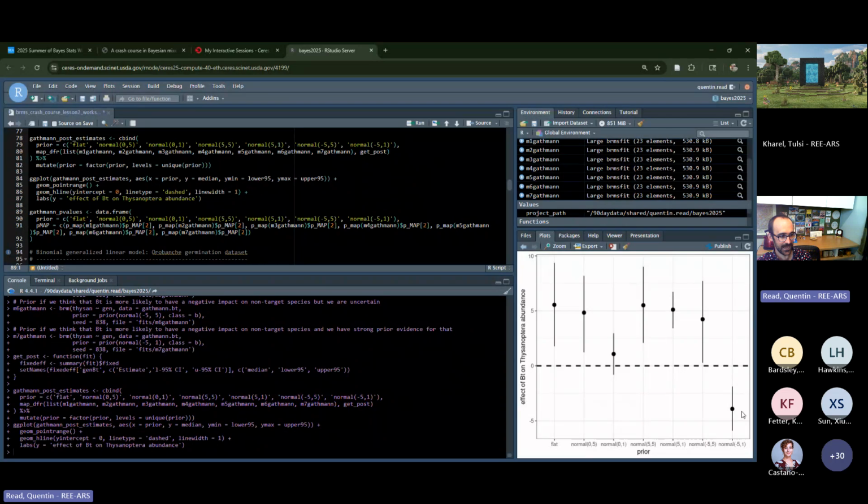The one that really stands out is if we had a super strong prior belief that BT would have a less abundance than the control, and we put a very, very strong prior on that with a low standard deviation, we get something that's basically opposite of the data. So if you have a very small data set and a strong enough prior, then having just that little bit of data does not change your belief that much because you're highly convinced of this a priori.